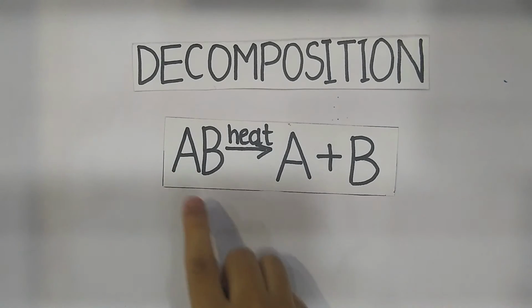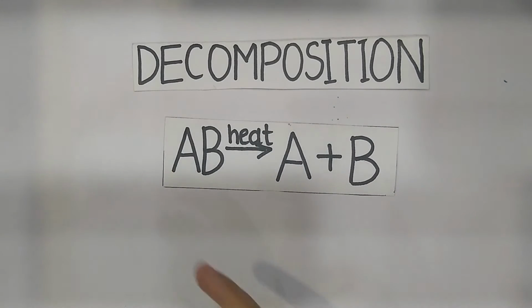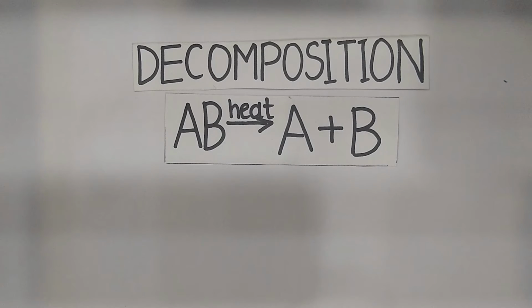Now let us talk about the next type of reaction, which is the decomposition reaction. By the name itself, we can understand that something is breaking down to give us simpler products, right? So here we have AB, which is heated to give us the products A and B. This is the opposite of a combination reaction.